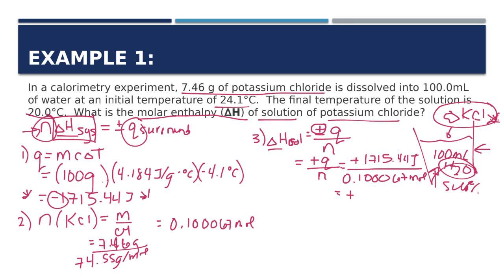So I get a value of plus 17142.90. And we've divided these out, right? So it's now joules, not kilojoules, joules per mole. Let me erase that for you. That's messy. Joules per mole.